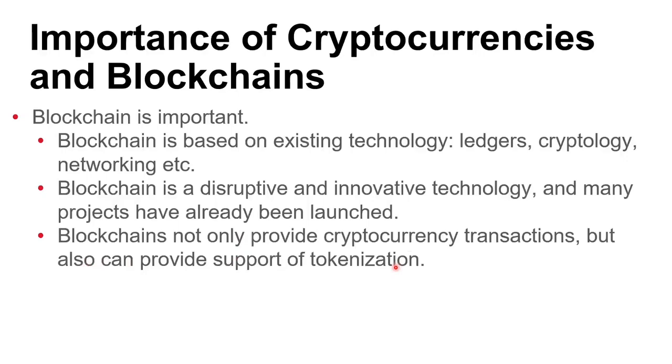Tokenization is the idea that something of value is modeled in a token for trade on a blockchain. So I could buy a property, say it's worth $100,000, and then I can tokenize that property, or the value of that property, into, say, 1,000 tokens, and then I can sell those 1,000 tokens for $100 each.